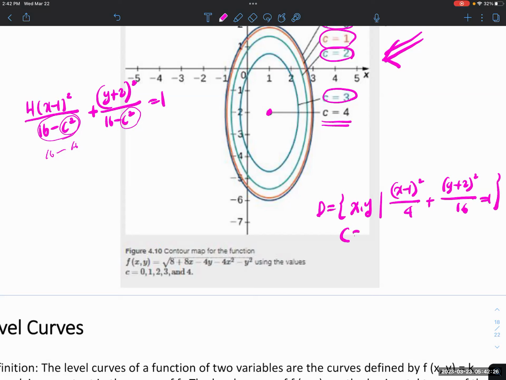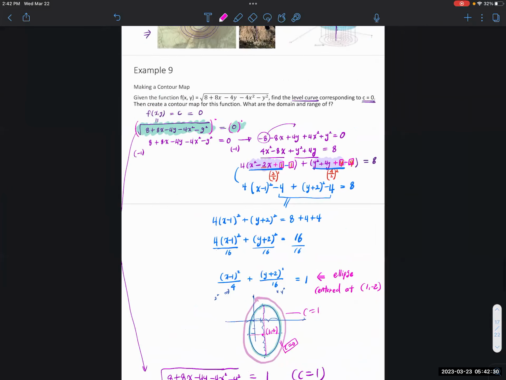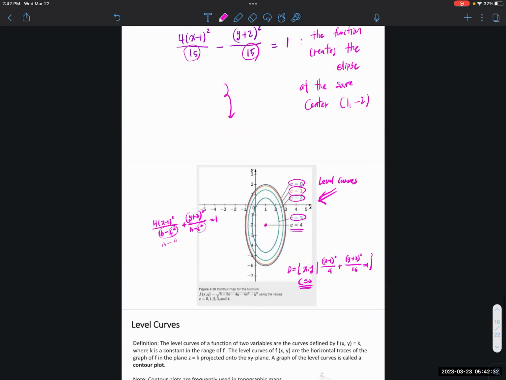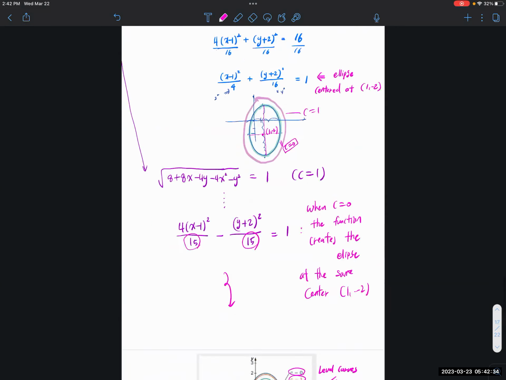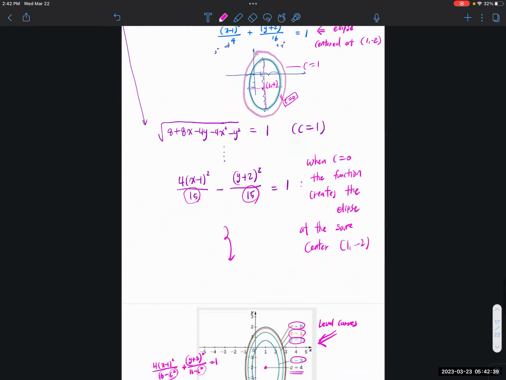Because we had the c equals 0 case. They did not ask you about any other cases. So that's the domain, but I just expanded the information more. No matter how you change the c variable, the center of the shape is the same. Okay, so that's all about it.